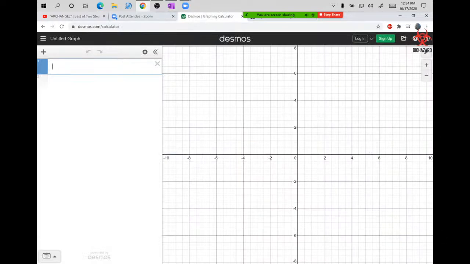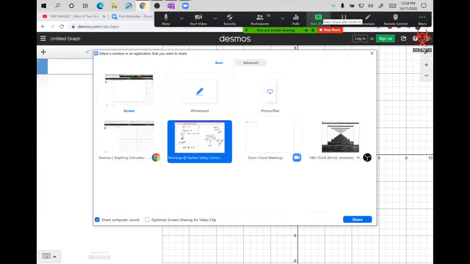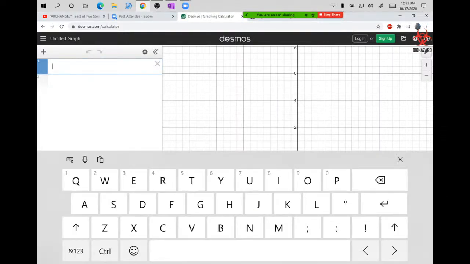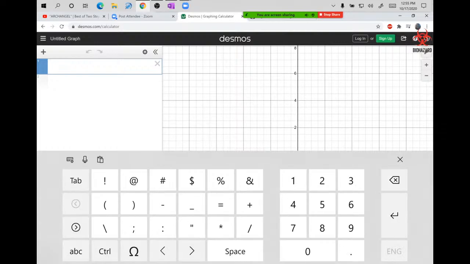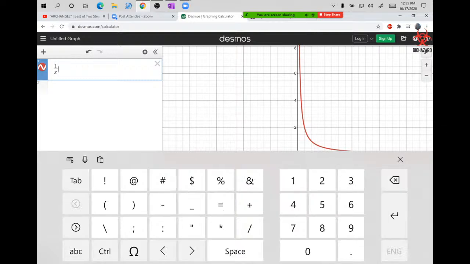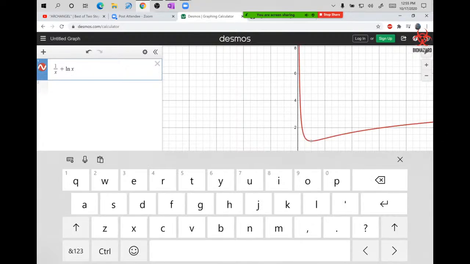All right, so let's jump into Desmos. Oh, I have to share screen for Zoom. Where's Desmos? Right there. And our function here is, I believe, 1 over x plus ln x, yes. So 1 divided by x plus ln x.